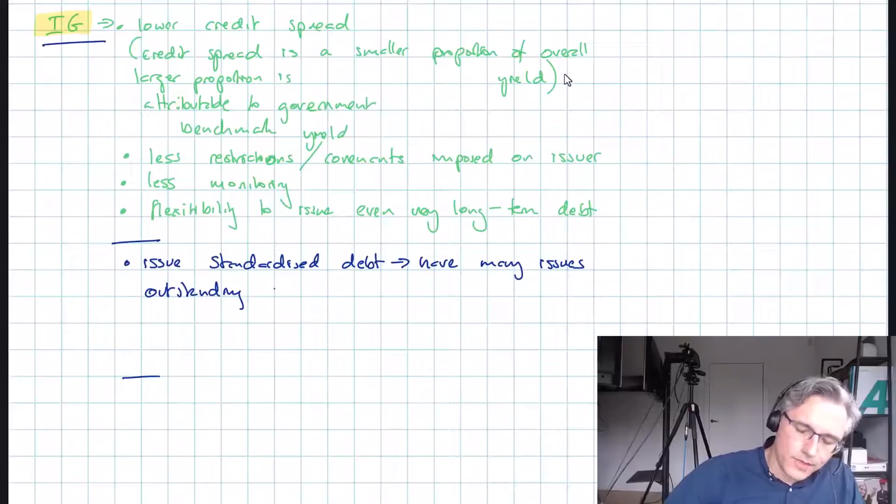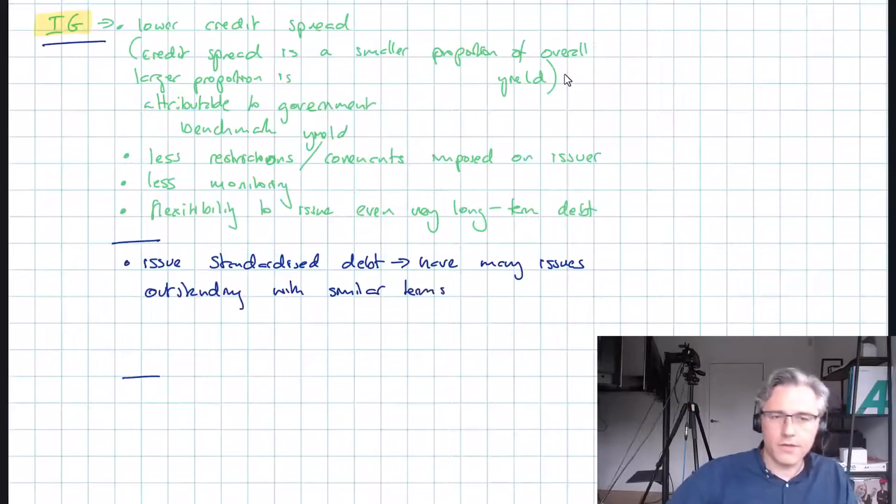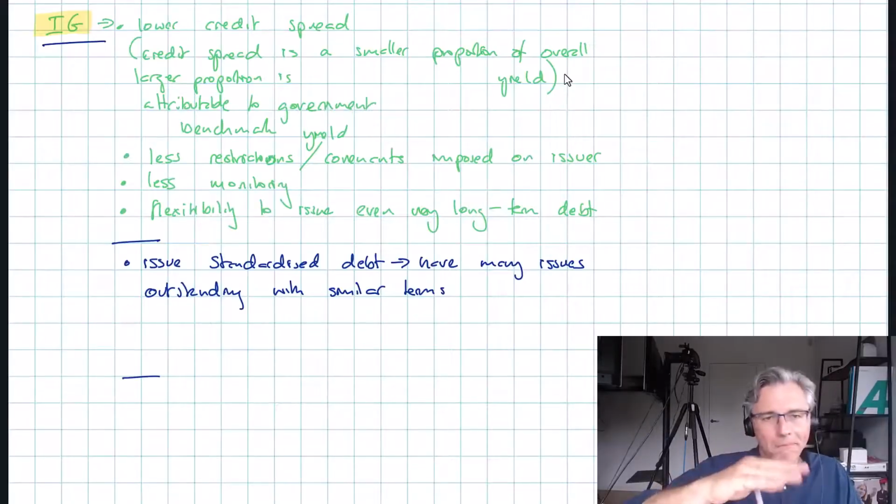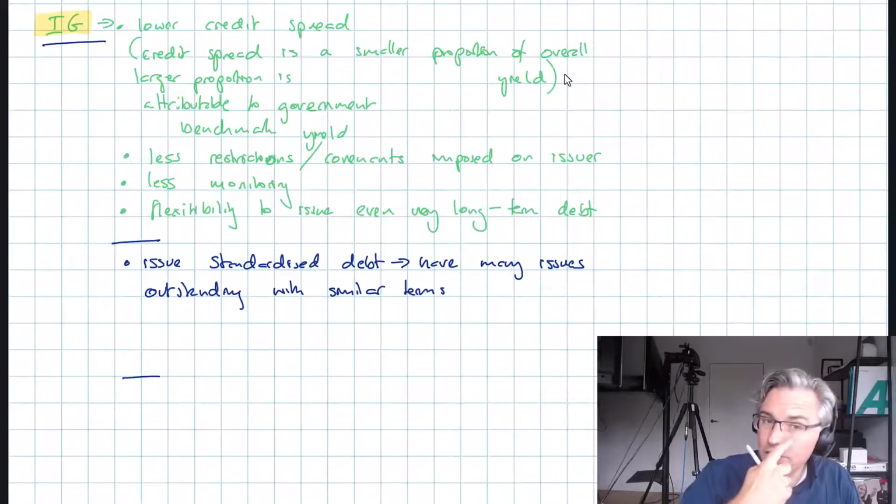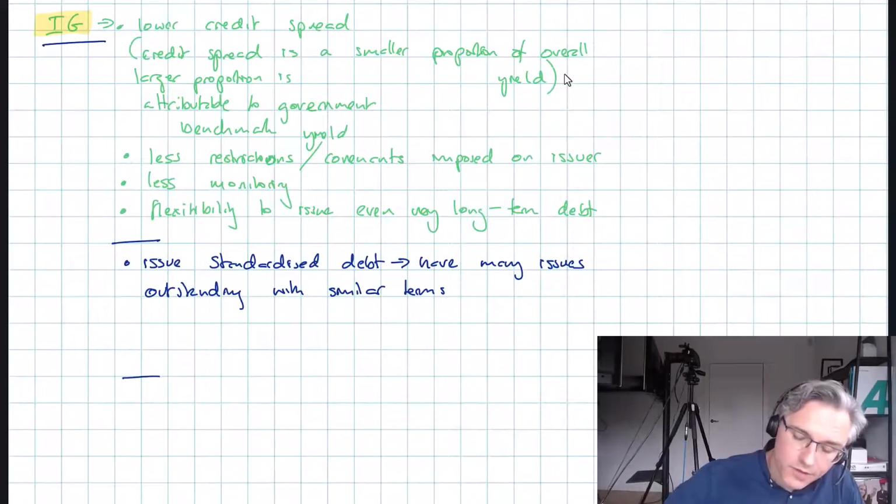Those issues will have similar terms, so they will typically be offering a fixed coupon of a certain level, but they will have different maturities.